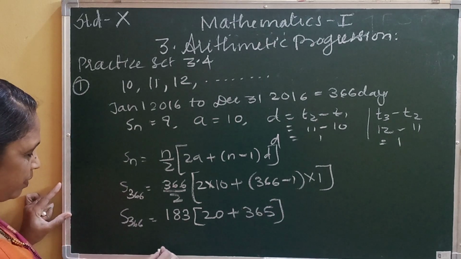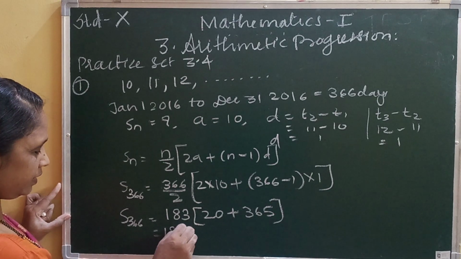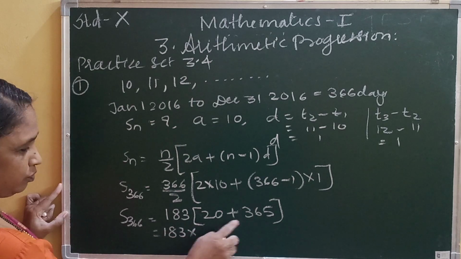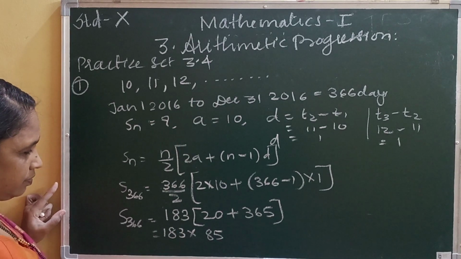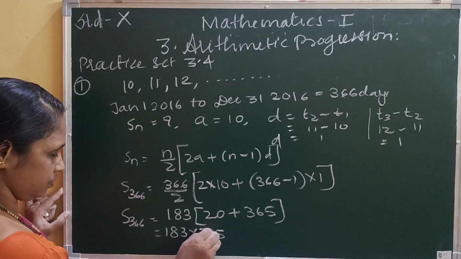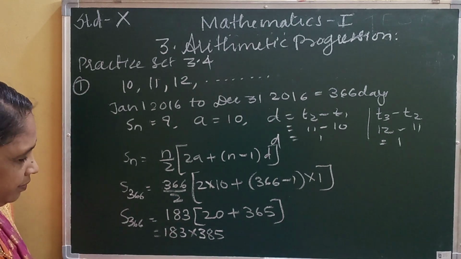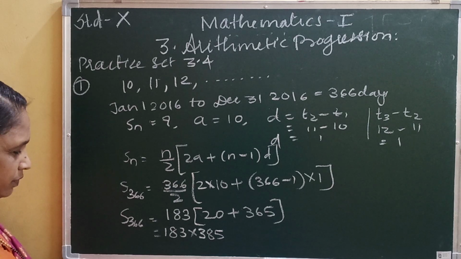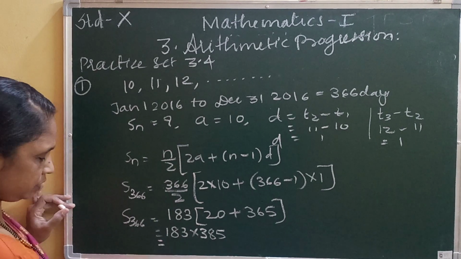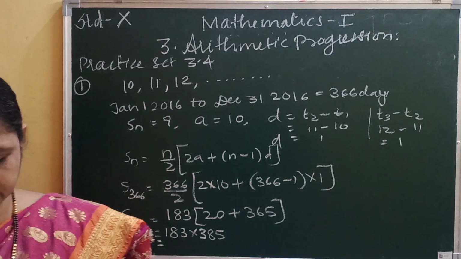Now 365 means 385. 183 into this, how much will it be?